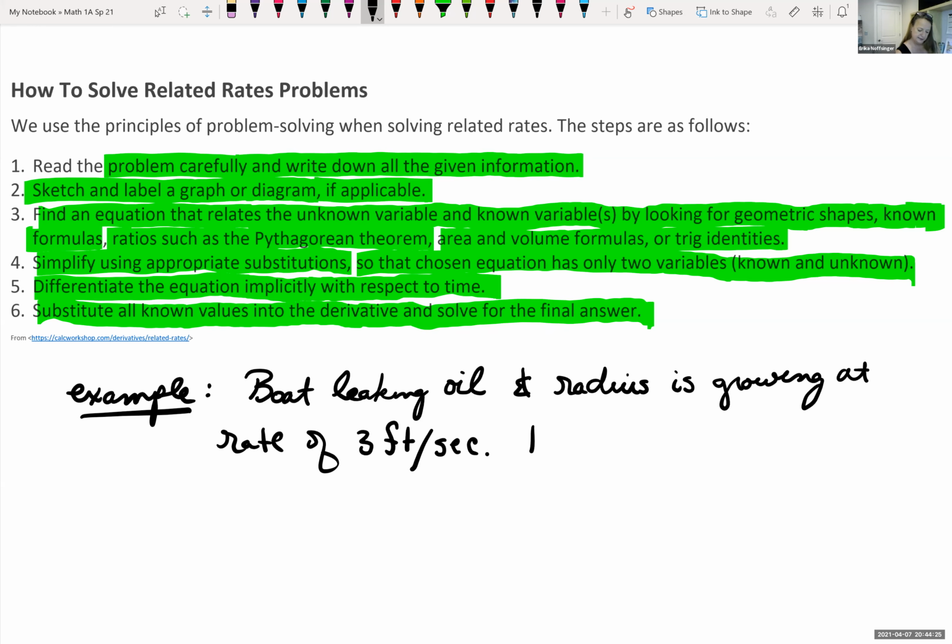How fast is the area increasing when the radius of the oil is 30 feet?